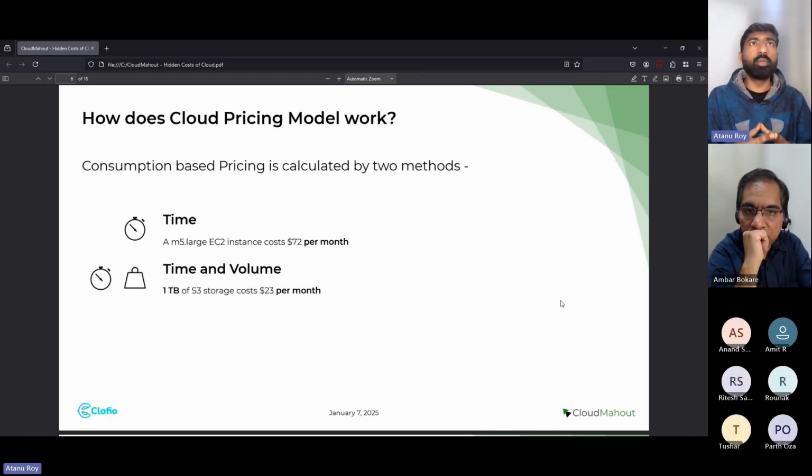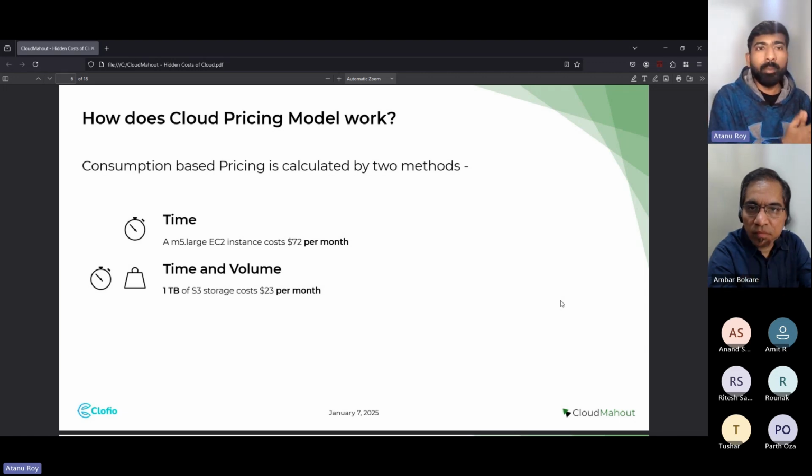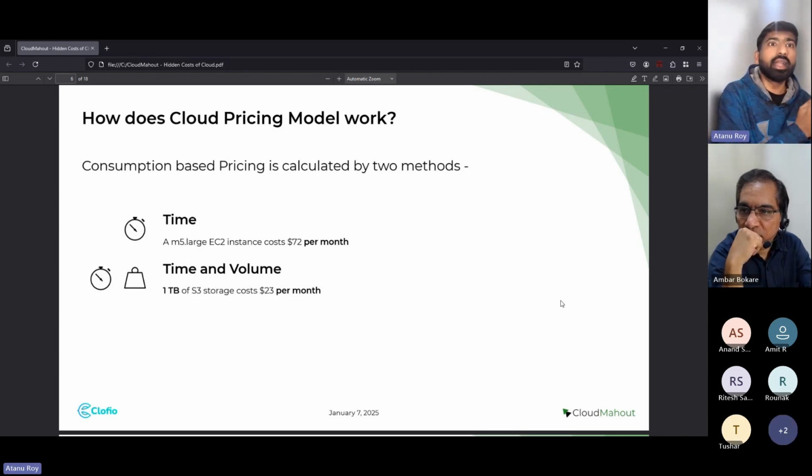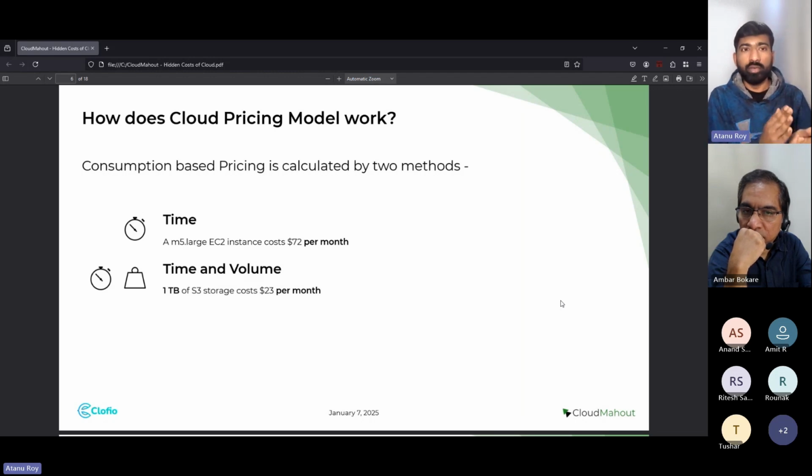Now let's briefly touch upon what exactly a hidden cost is. What we have seen is that a lot of engineering teams, when they are planning their cloud cost, or doing the estimation during their architecture design, primarily estimate based on the infrastructure to be provisioned, which means their compute capacity and storage capacity. However, the kind of cost we are going to talk about today does not conform to these two things.